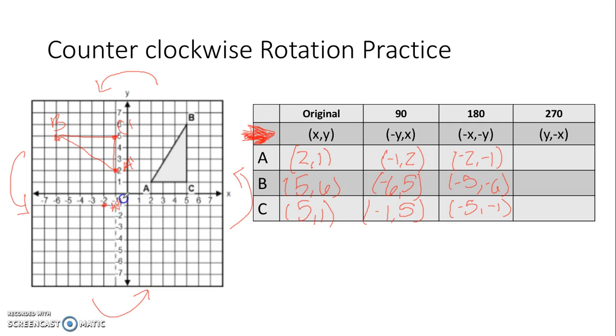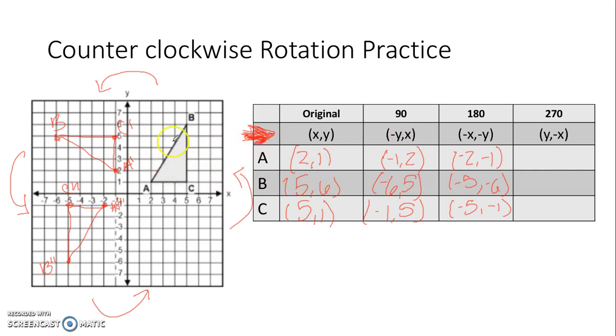That's A double prime. We have negative 5, negative 6, B double prime, and negative 5, negative 1. And connect the dots, C double prime. There we go for that one.